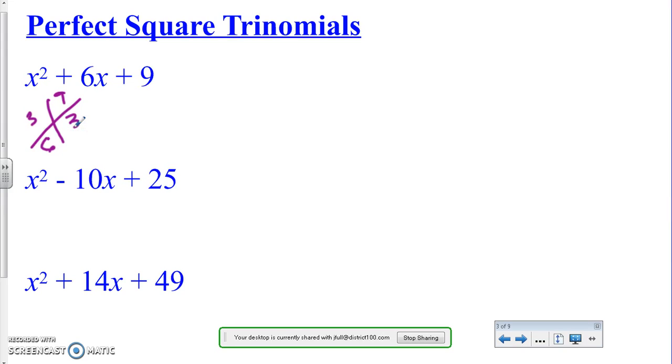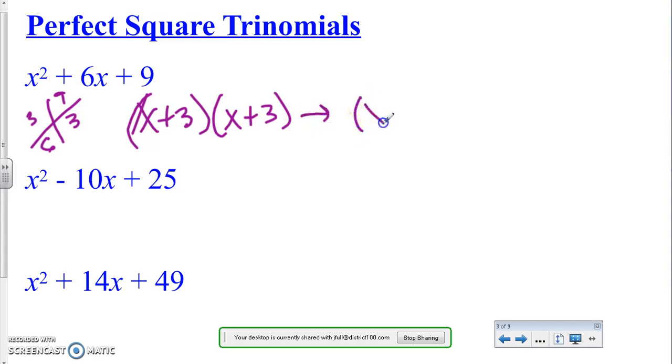I can go right to my parentheses from here. So I would have x plus 3 in my first group and x plus 3 in my second group. If I have x plus 3 twice, that means I could rewrite this as x plus 3 squared.